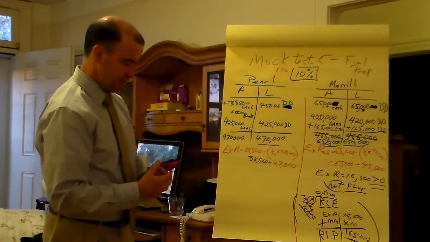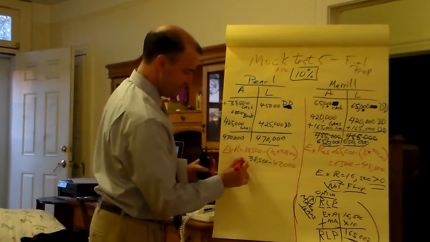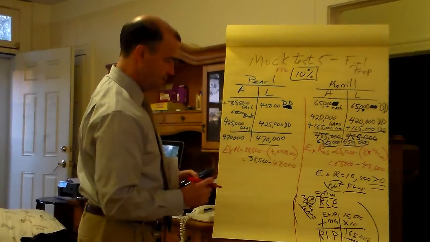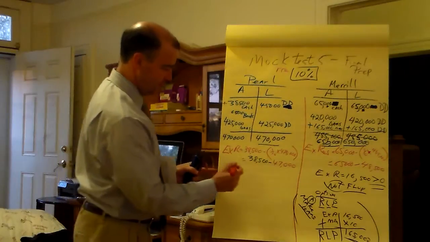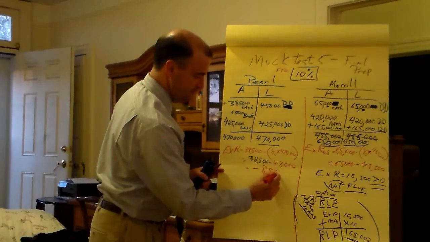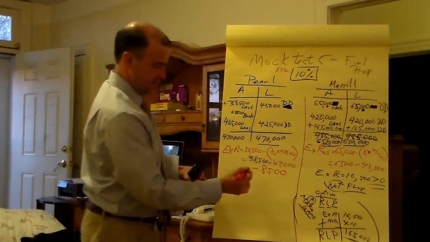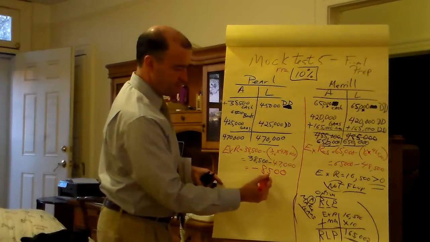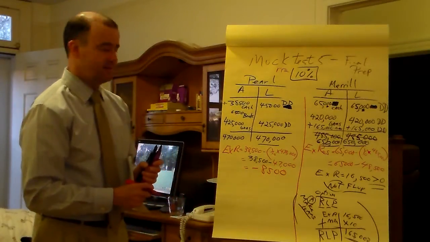So she's a little behind the eight ball here. Let's see if we can figure this out. 47,000 and 9,000. It looks like she's behind 8,500. Agreed? She's supposed to have 8,500 more in cash because she really needs 47,000 bucks.